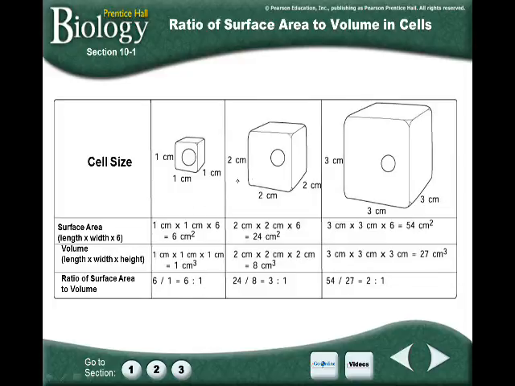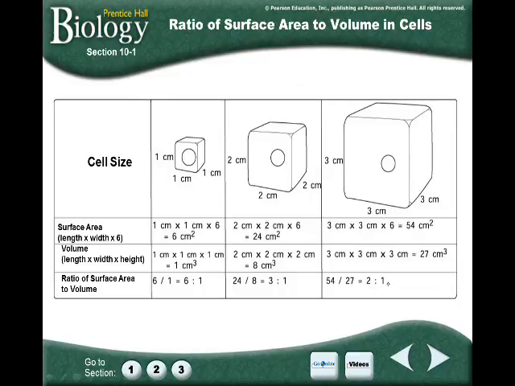But look as my cell gets bigger and bigger, the surface area doesn't grow as quickly as the volume. So in a 2x2x2 cube, my surface area to volume ratio is only 3:1. It's cut in half. And look at a 3x3x3 cube. Surface area to volume is only 2:1.